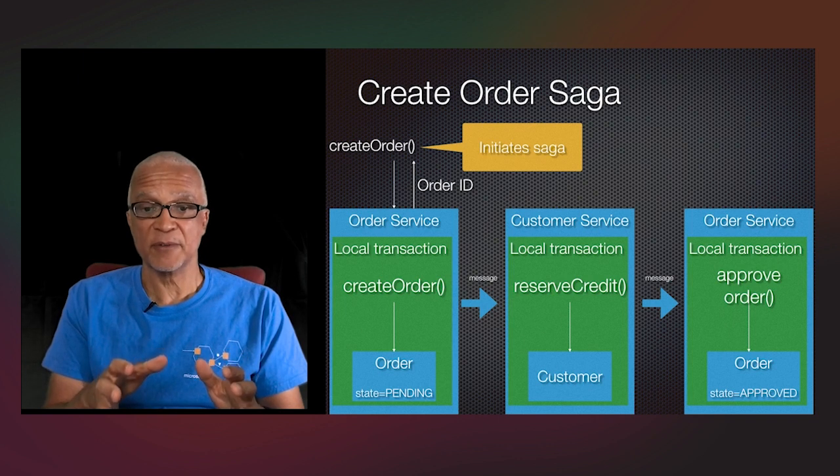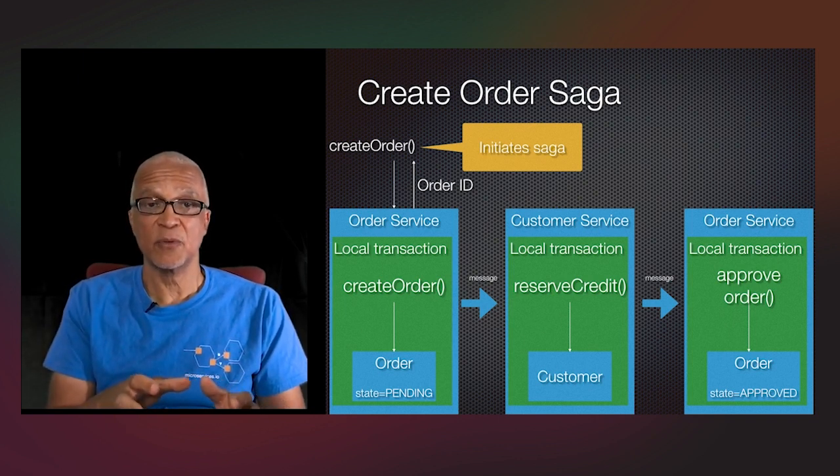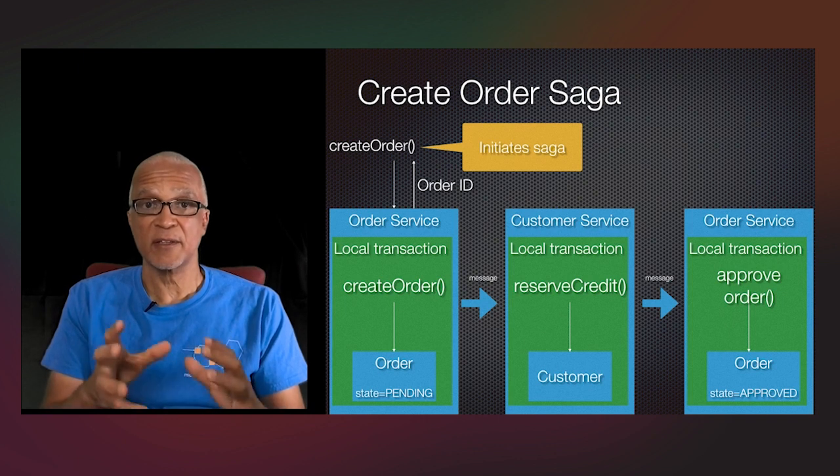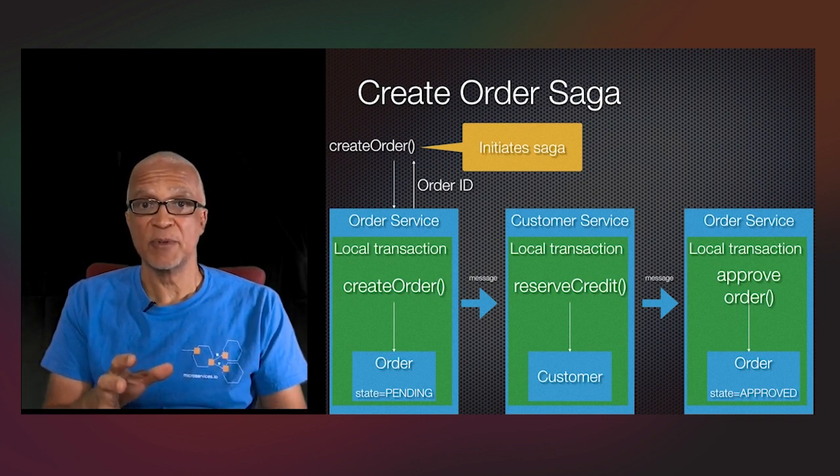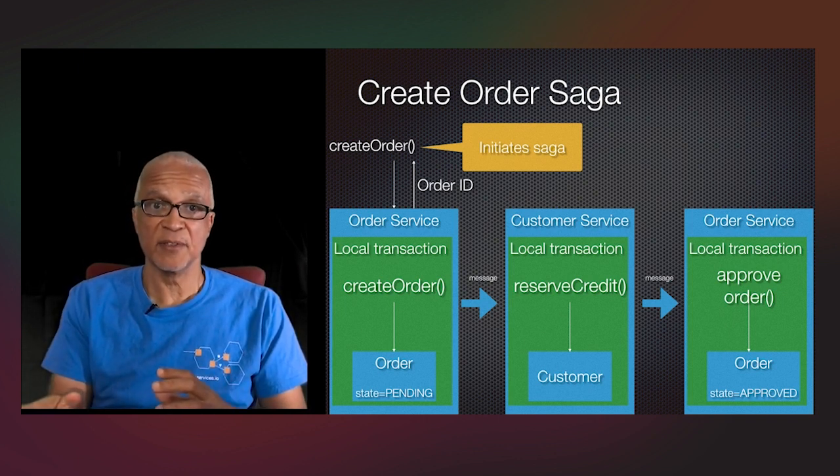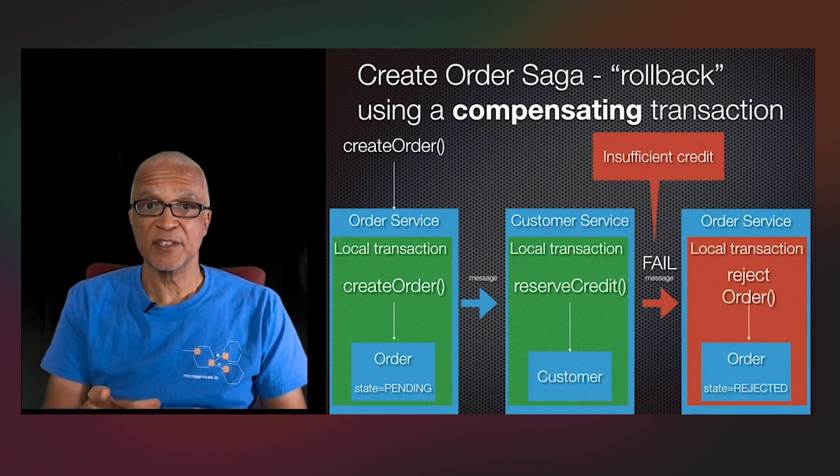This third and final step in the order service changes the state of the order to approved. So instead of one global transaction, there are 3 local transactions, 2 in the order service and 1 in the customer service.